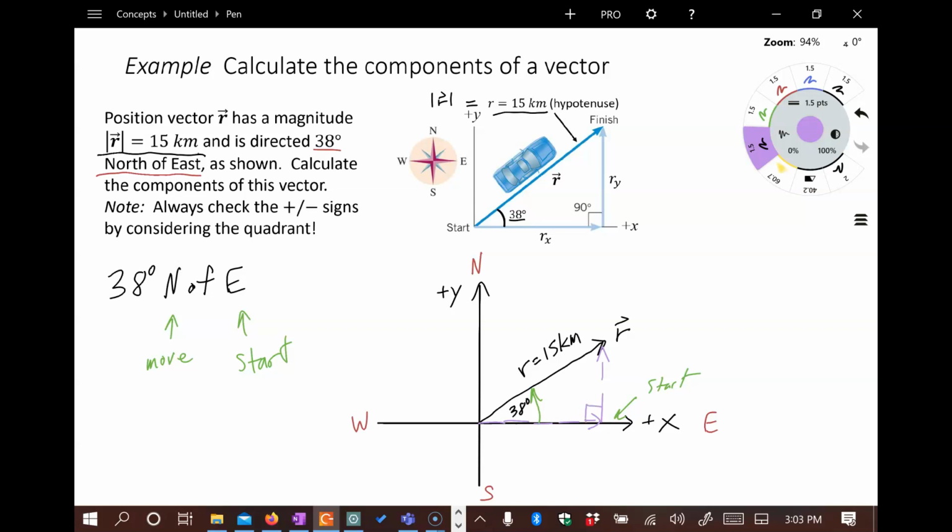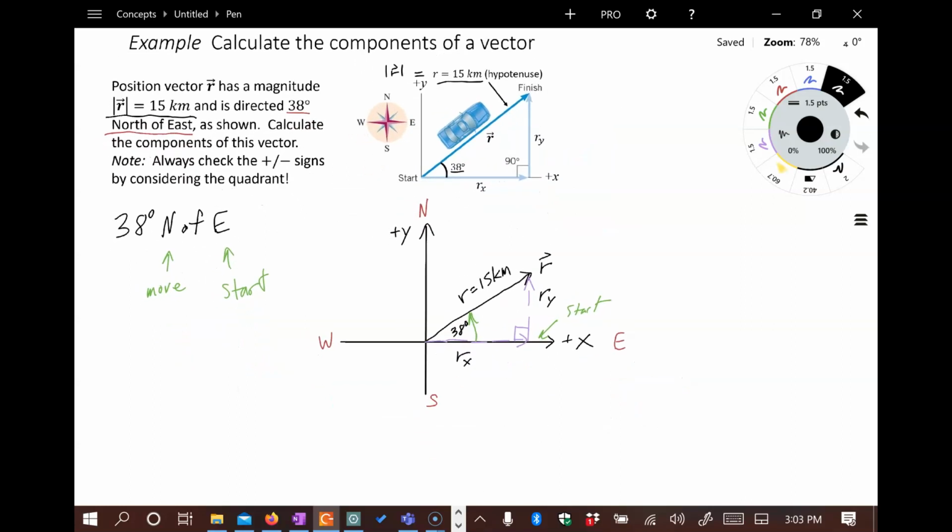This is a 90 here, and the side of the triangle that's parallel to the x-axis, we call the x component, and this will be Rx, and the component that is parallel to the y-axis, we call Ry. And our goal is to figure out what is Rx and what is Ry, okay?